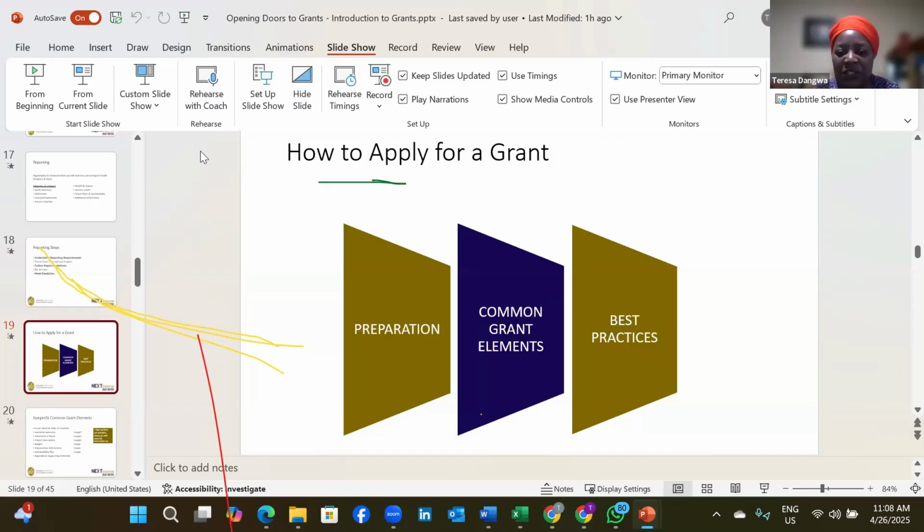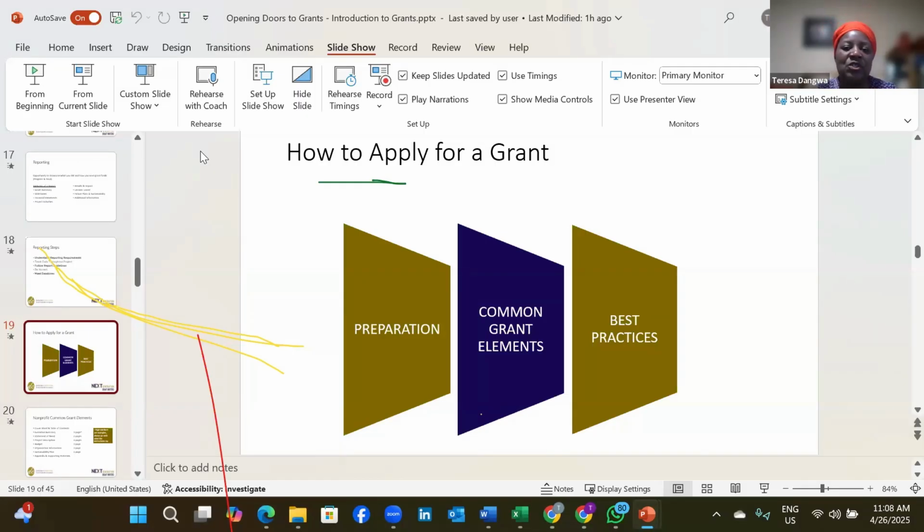So part of the preparation is putting together what are known as common grant elements. Each grant has these specific elements, not necessarily in that order, but in the order that I'm going to give to you, those elements are usually in at least 99% of the grants.